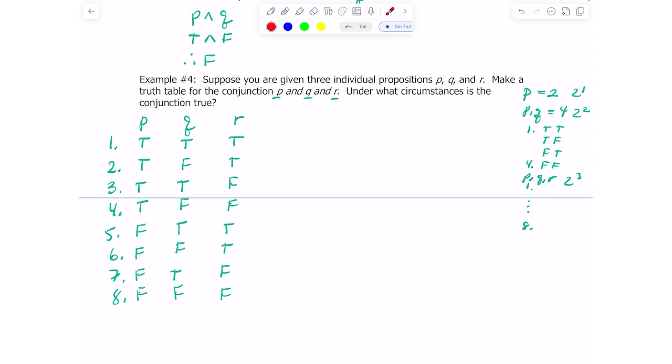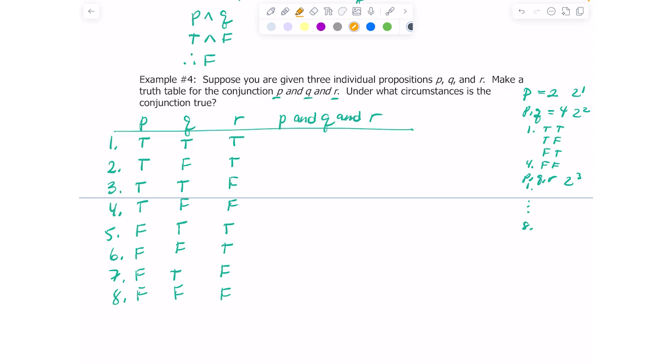Now, the other thing to note is that you can interchange these columns. So they don't have to be written in the same exact order. You'll still end up with the same answers. So the last column, we call it our answer column. It's P and Q and R. And remember that in order for that to be true, an and means all parts have to be true. So there's only one instance where all parts are true.